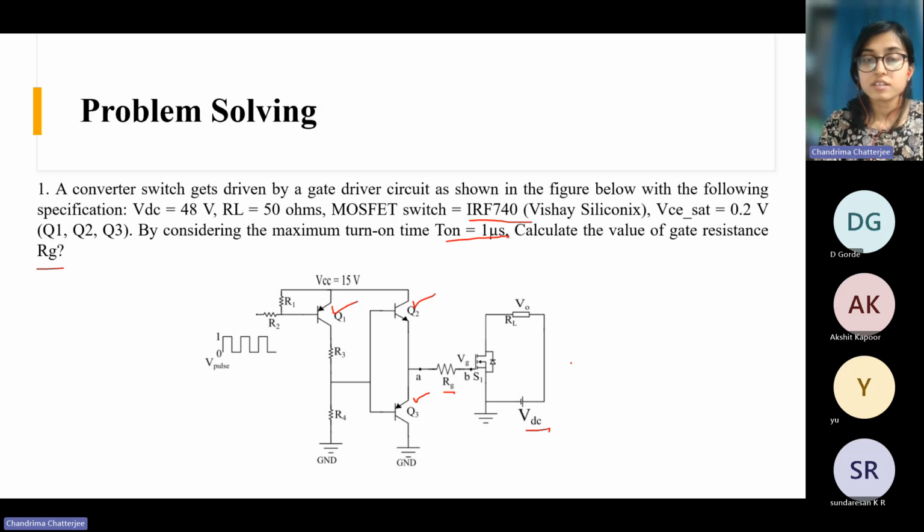Okay, let's see how we can do that. You understand here that when Q2 will be on, then only there will be some current here. So Q2 has to be on here, right? From the supply, if we need to have some current, Q2 will be on.